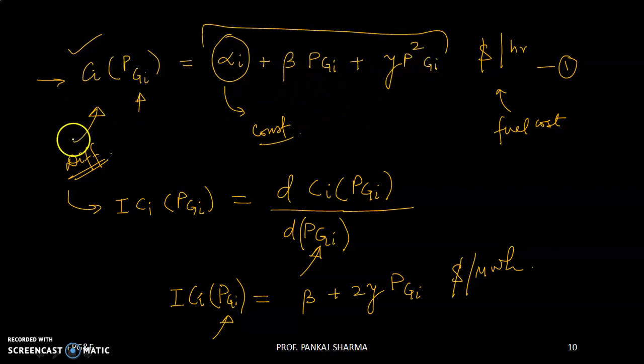Now to get the incremental fuel cost or marginal fuel cost, just differentiate this cost curve with respect to power generation. We will get ICi of PGi, our incremental fuel cost, equal to beta plus 2 gamma PGi. That's all in this video.